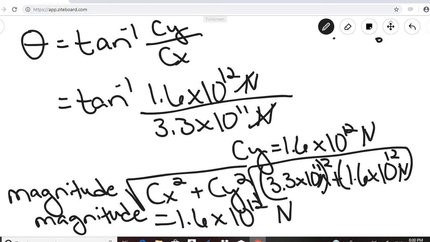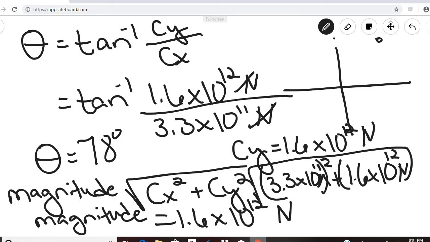When you take the inverse tangent of that, you will get that the angle is equal to 78 degrees. If we look at our quadrants, the y and the x are both positive, so that puts us in quadrant 1. We don't need to do anything with it. Our angle would simply be 78 degrees.